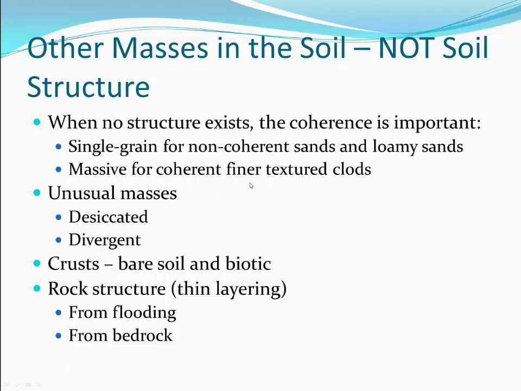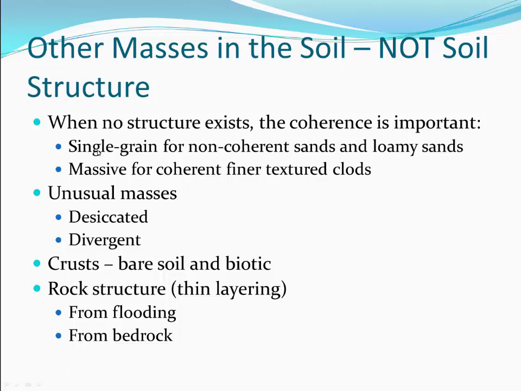If we have a soil that does not have clay or organic matter, that would typically be a very sandy texture, either a sand or a loamy sand texture. In that case, we'll have non-coherent soil, and it does not form clods. In fact, it falls apart as single sand grains.